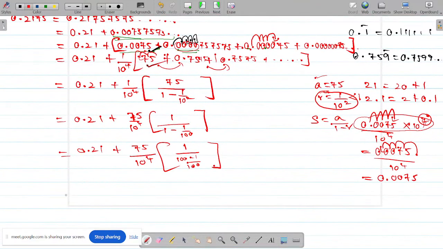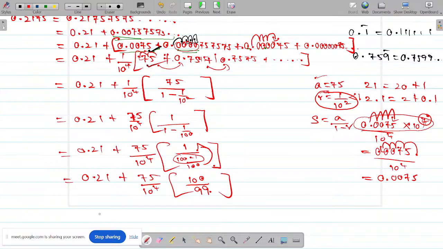Next step, 0.21 plus 75 divided by 10 power 4 as it is. I take this 100 to the numerator. So 100 divided by, what is 100 minus 1? 99. Okay. Next step, 0.21 as it is, 75 divided by 10 power 4. This 100 can be written as 10 power 2, divided by 99.